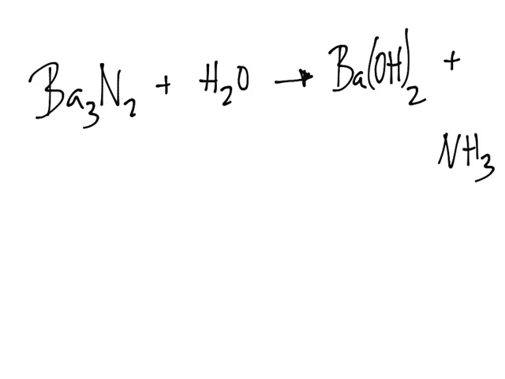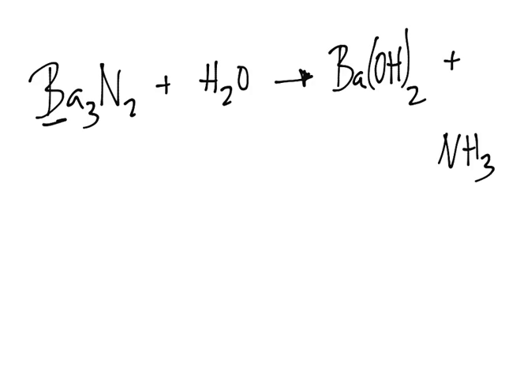The basic principle of balancing a chemical reaction is the law of conservation of mass. So you will want to have the reactant side equal to the product side. And when you see all of these numbers, I'm guessing you won't know where to start. So what you usually do is you start with the metals. So our metal here would be the barium, the Ba.